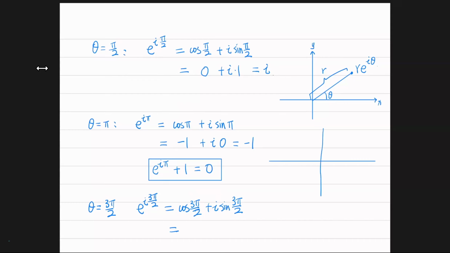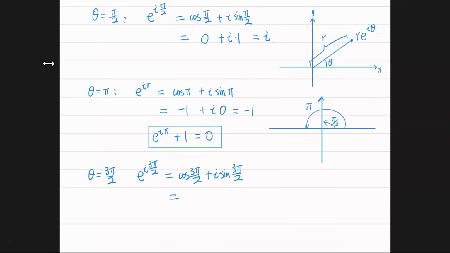Draw this. This is pi over 2, and this is pi, which is 180 degrees. Then 3 pi over 2 is 3 times 180 divided by 2, that's 270 degrees. So X is 0 and Y is -1.